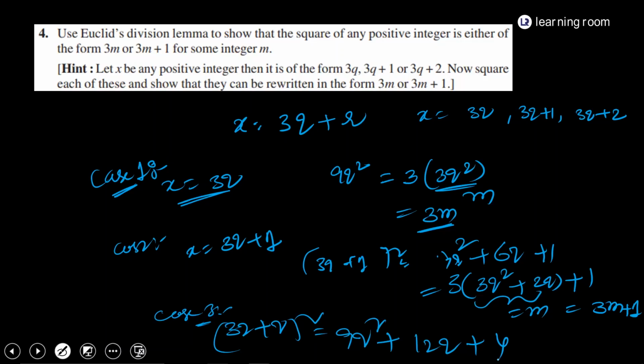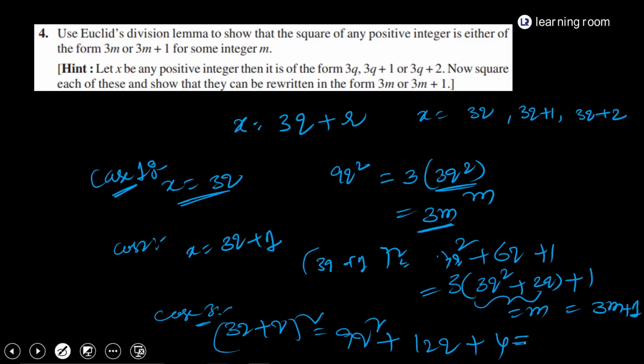So you can keep 4 as 3 plus 1. So with 3 brackets 3q square plus 4q brackets close plus 4, where 3q square plus 4q is m. I think somewhere it's wrong. You need to make it as 3m plus 1.